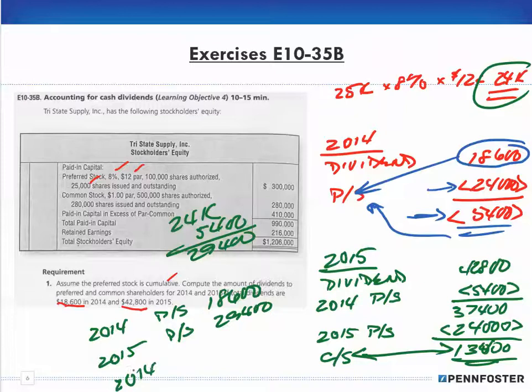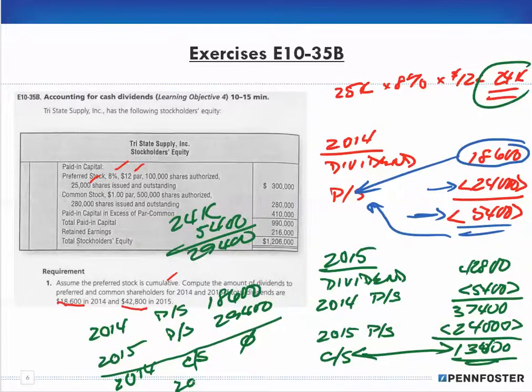So in 2014, the common stock had gotten 0, and in 2015, common stock had gotten $13,400.